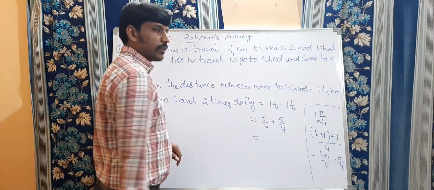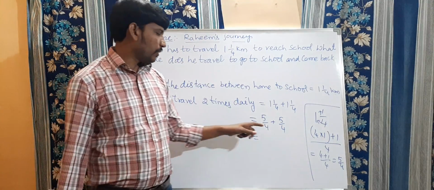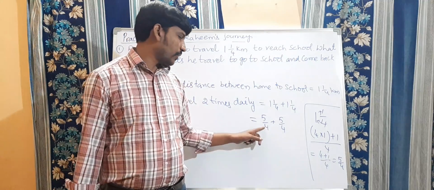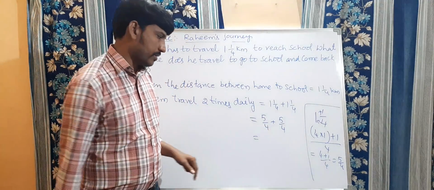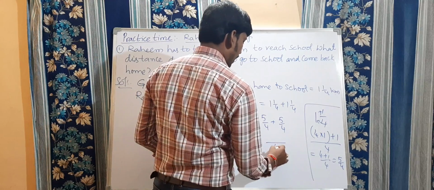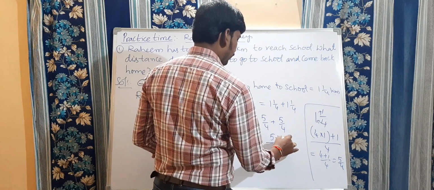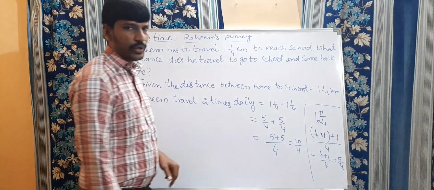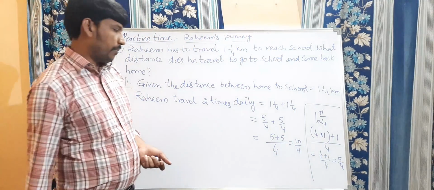Observe these two. Both are like fractions. Both have the same denominator 4. So it is like fractions. Clear? Add the numerators directly. So 5 plus 5 is equal to 10 by 4. What is 10 by 4? Again convert into a mixed fraction.